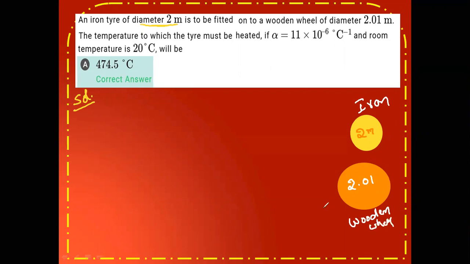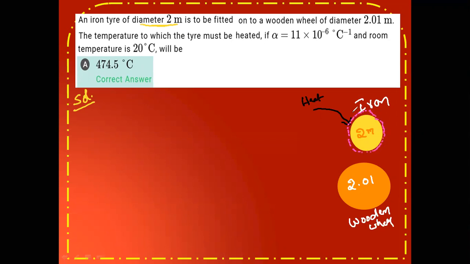Now what do I have to do? I have to supply some amount of heat energy to this. When I supply heat energy to this iron tire, what happens? Gradually the diameter of the tire increases, like this.